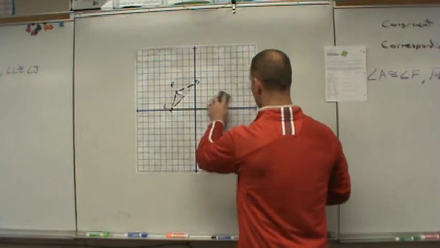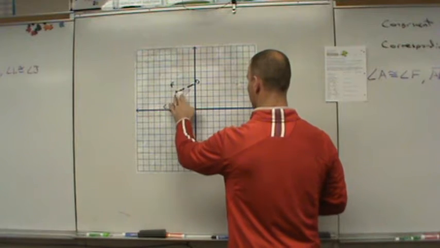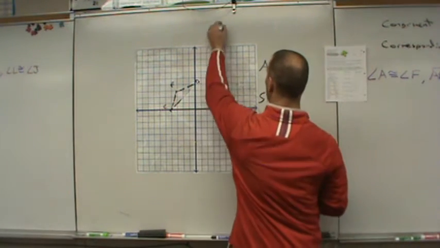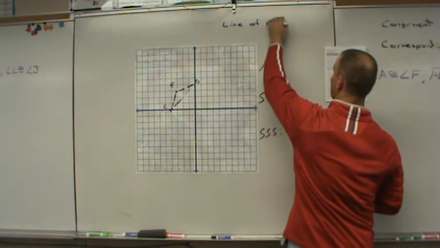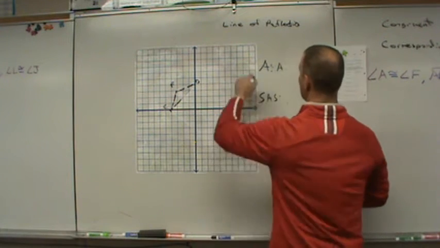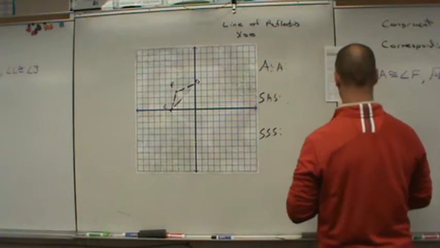The reflection basically says, hey, we want to reflect this figure. All right, well, what happens when we reflect? Well, we have to reflect across a line of reflection. How do we do that? Well, in this case, it tells me the line of reflection is x equals 0. What does that mean?